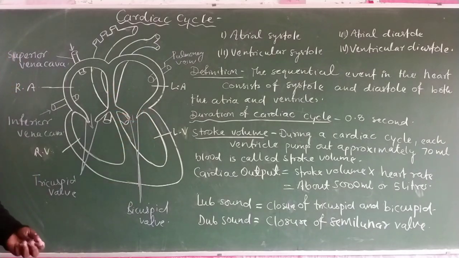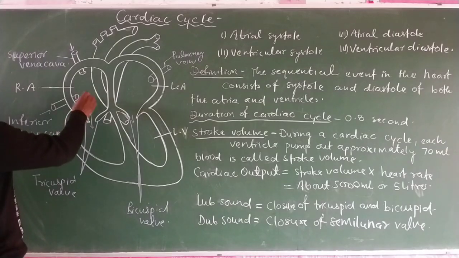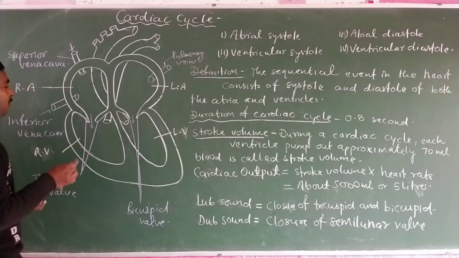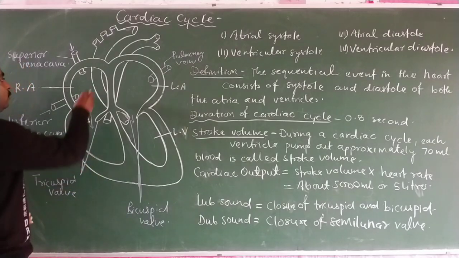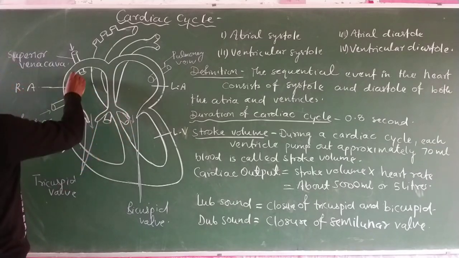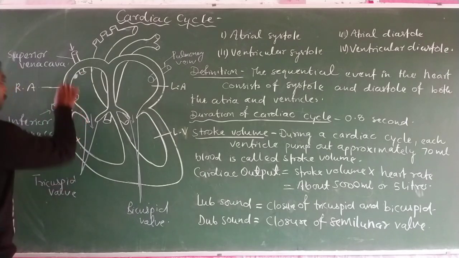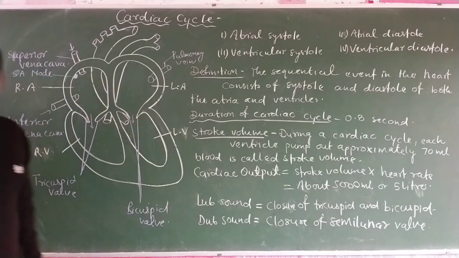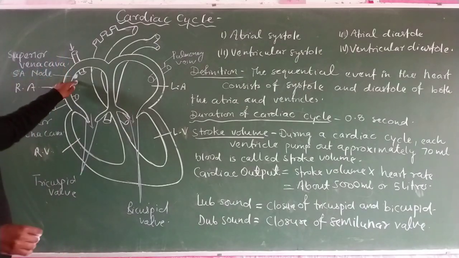After relaxation, the deoxygenated blood remains collected in the atrium as well as the ventricle. Next, as we discussed in the previous video lecture, this is the SA node, the sinoatrial node.